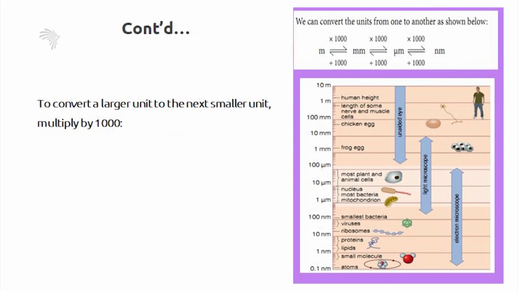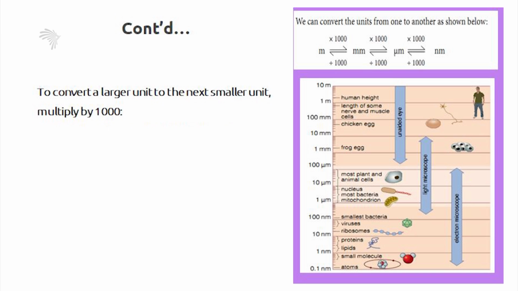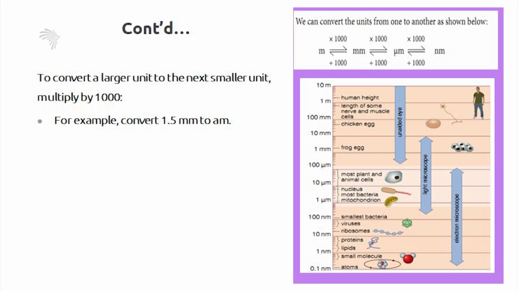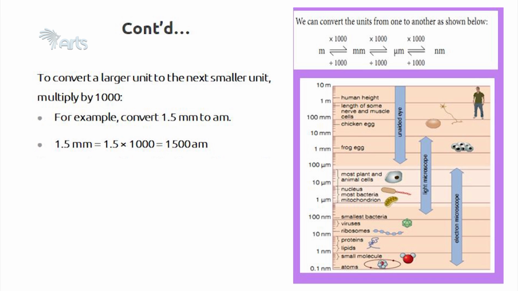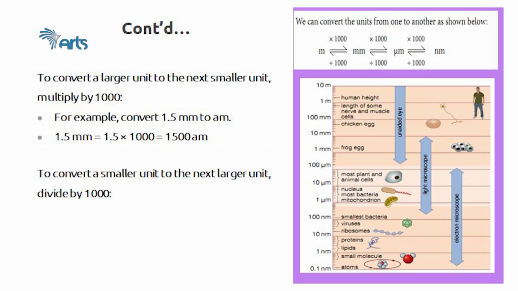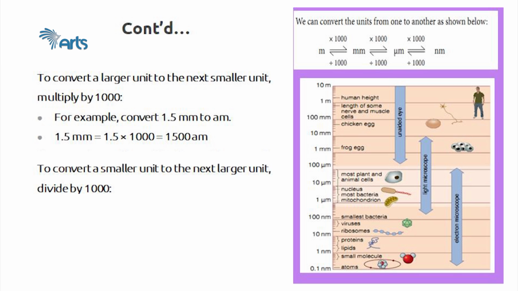To convert a larger unit to the next smaller unit, always multiply by 1000. For example, to convert 1.5 millimeters to micrometers, 1.5 times 1000 becomes 1500 micrometers. To convert a smaller unit to the next larger unit, divide by 1000. These are rules that apply in converting from one unit to another, from smaller to bigger or bigger to smaller.